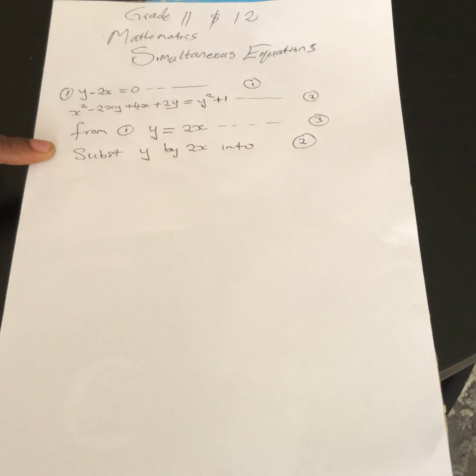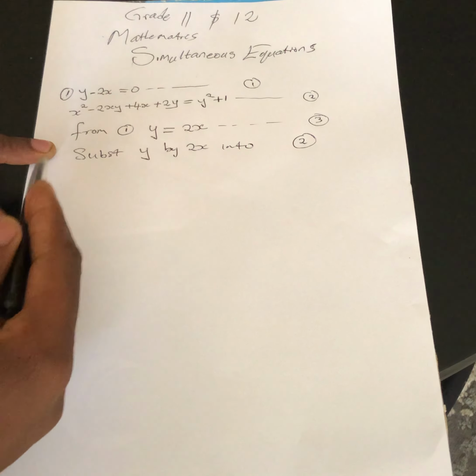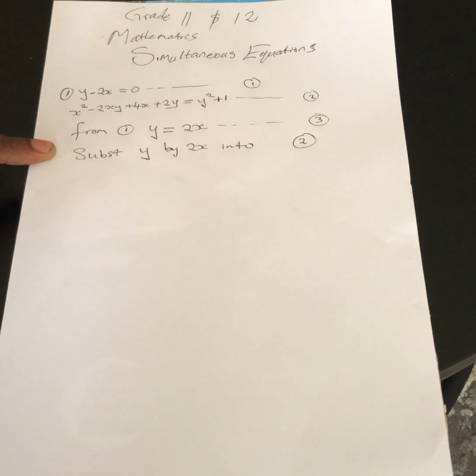We cannot use equation number 1 because we have derived equation 3 from equation number 1. So what you need to do now is to replace the value of y by 2x into equation number 2.